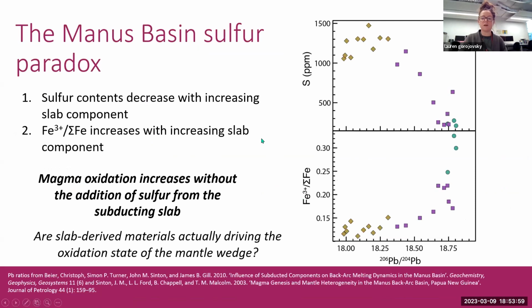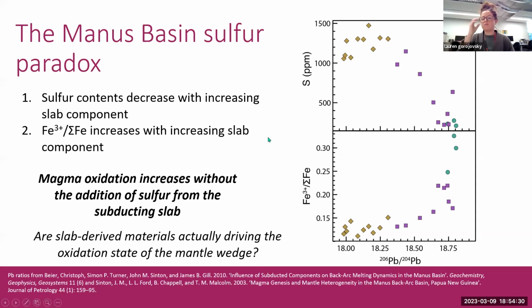So what does this look like for sulfur and redox? When we compare sulfur with the lead isotope ratio, we see that it decreases. We go from high to low with increasing slab component, and you have quite a nice trend forming. And then we see the opposite with iron ratios, our index for the oxidation state of the magmas. The mid-ocean ridge magmas become more oxidized with increasing slab component.